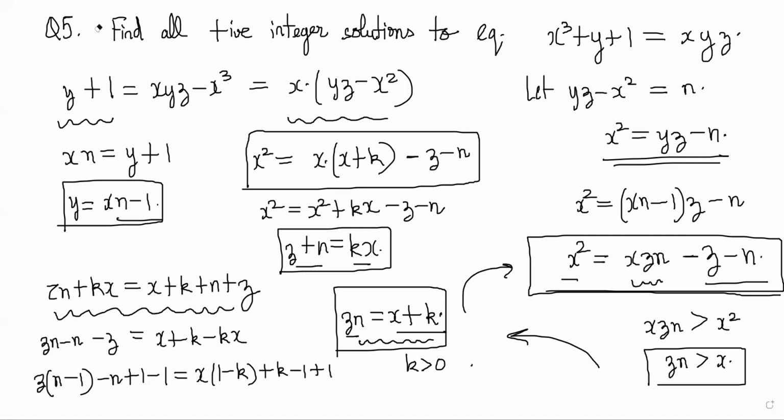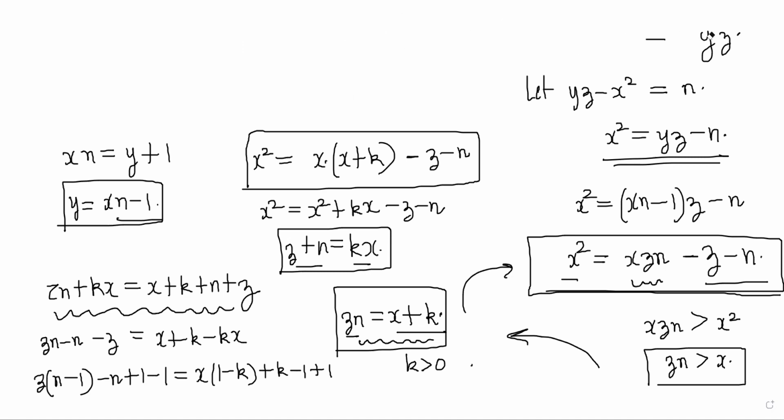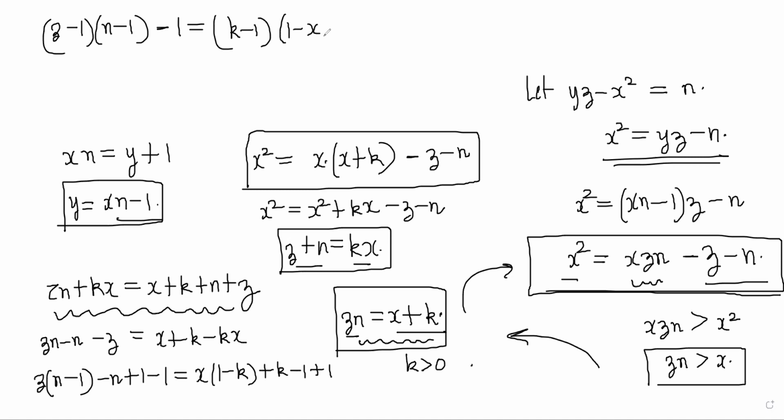So what you will end up getting is this. We are getting (z minus 1)(n minus 1) minus 1 is equal to, on the other side, (k minus 1) into (1 minus x) plus 1, right?